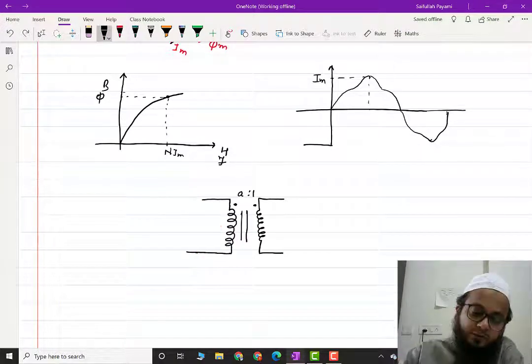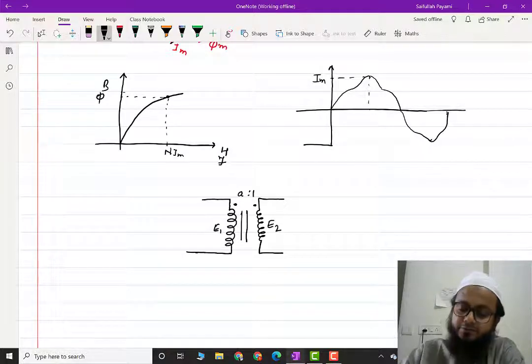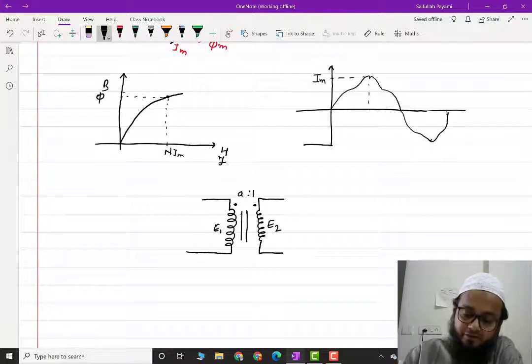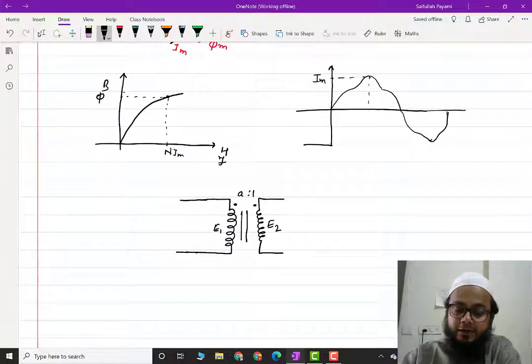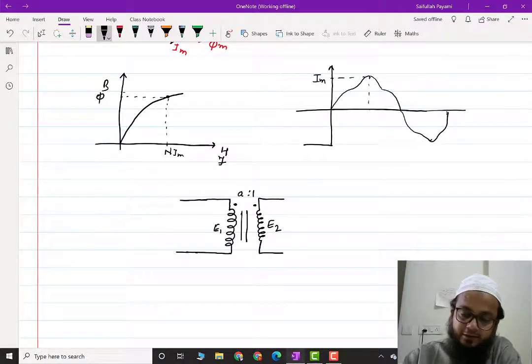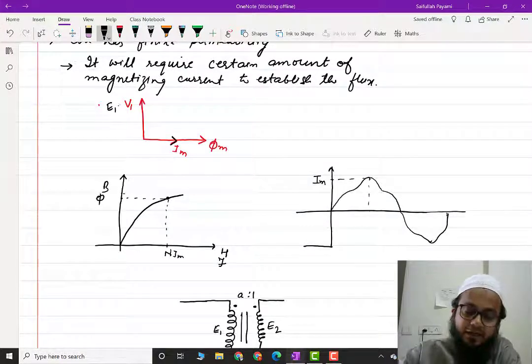Okay, so in the ideal transformer, we have the induced EMF here E1, and this is E2. The equivalent circuit diagram of the ideal transformer now would be modified to incorporate this magnetizing current. We have seen that the magnetizing current Im lags the applied voltage by an angle of 90 degrees. This is either V1 or the induced voltage E1 as well.